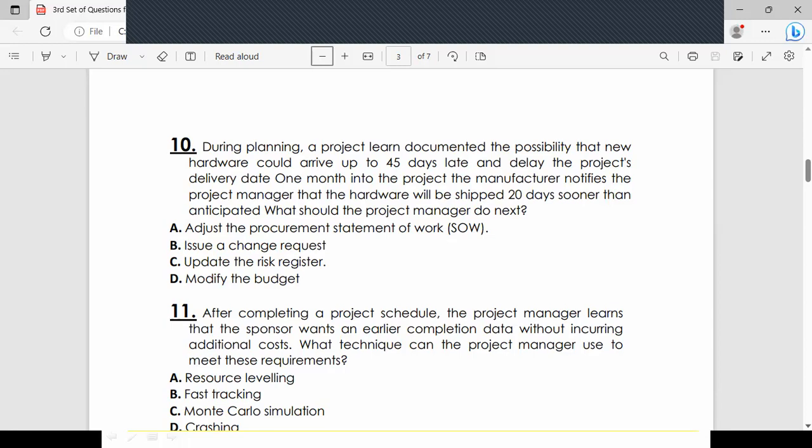So you need to revise that. So what is the correct thing you have to do? Will you issue the change request or will you still update the risk register? The correct answer for you to choose is update the risk register.